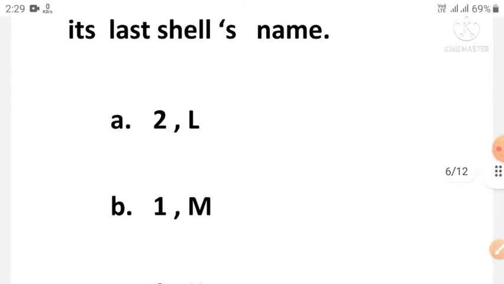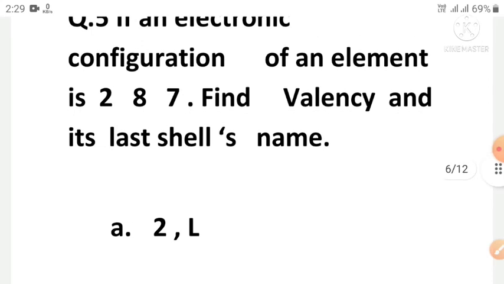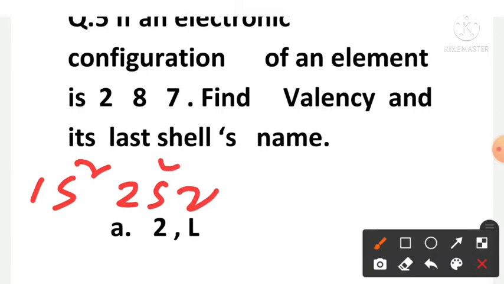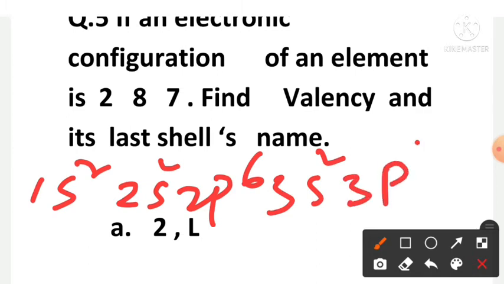So first we have to derive the electronic configuration. We write it as 1s2, 2s2, 2p6, 3s2, 3p5.